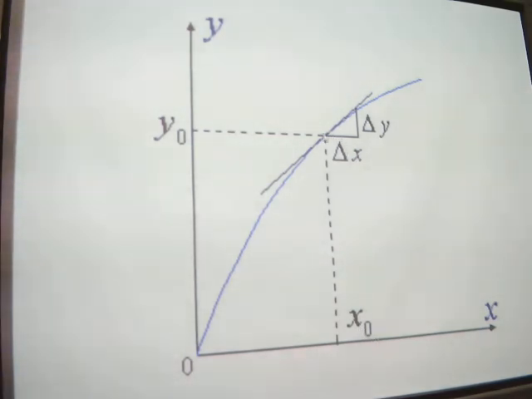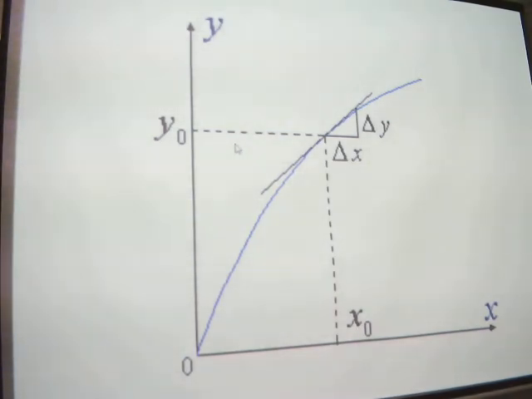This blue line curve is the figure of the function. Tan theta equal m, delta y by delta x. So this is delta y by delta x.